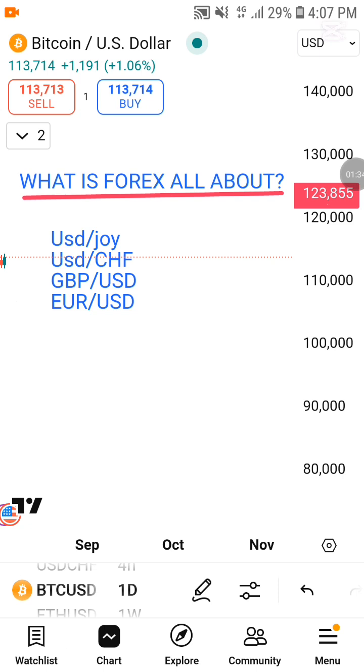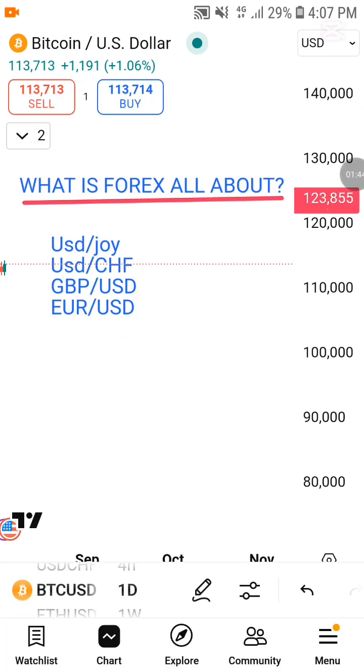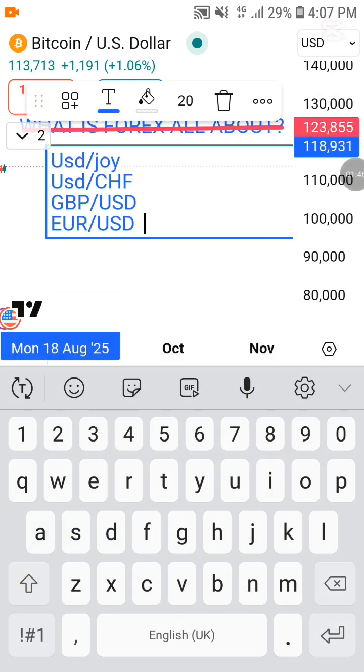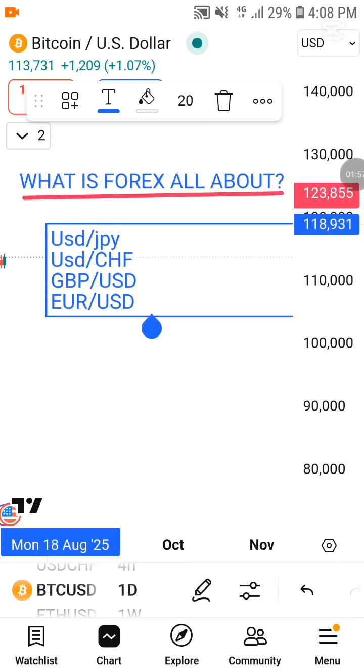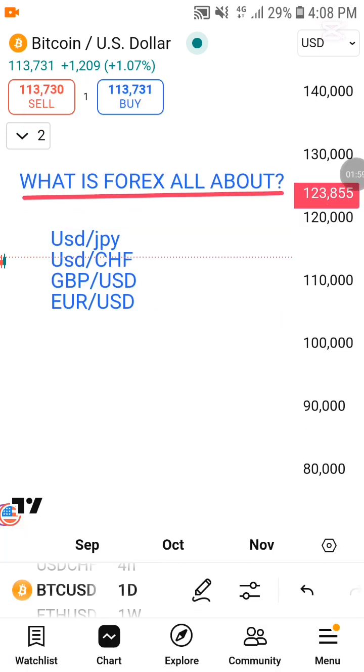The first one that you are seeing, USD JPY, is US dollar versus Japanese yen. Do you see these currency pairs? It's just like two teams playing ball against each other.